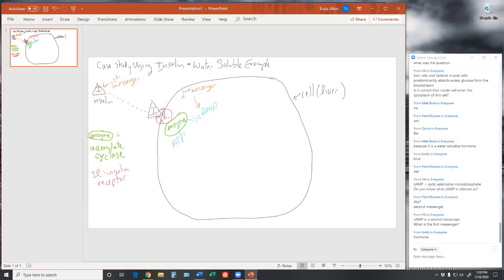So insulin activates the receptor, which activates the enzyme, which leads to the production of cyclic AMP. Cyclic AMP is only manufactured because insulin bound to the insulin receptor. That's why cyclic AMP is the second messenger, because it was made in response to binding of the first messenger.